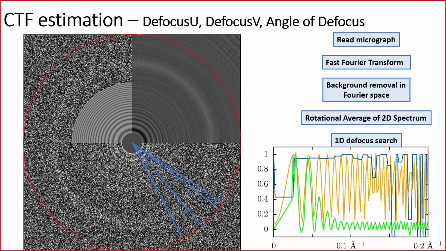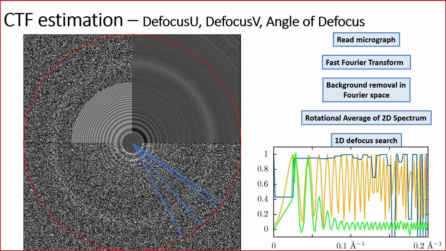Now, also what we can determine is how well these curves correlate together. And at a certain point, we will see that the correlation drops. Sometimes this drop in the correlation at the high frequencies is stated as the resolution of the micrograph. This is, however, something that should be taken with care, because this is just an arbitrary chosen resolution, which depends also on the amount of information, amount of signal that is present on the micrograph.